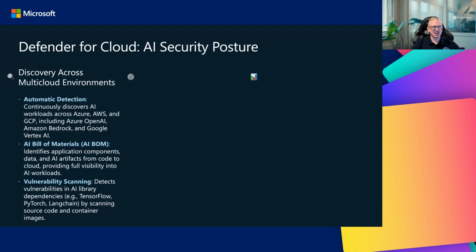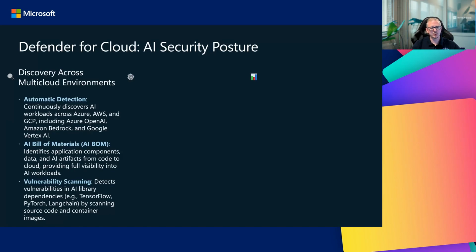Once it has discovered these services, it's then able to effectively build out an AI bill of materials, looking at the different app components, looking at artifacts, also looking at the infrastructure as code, which is used to deploy those environments. So you start to get full end-to-end visibility over the services which you are running.